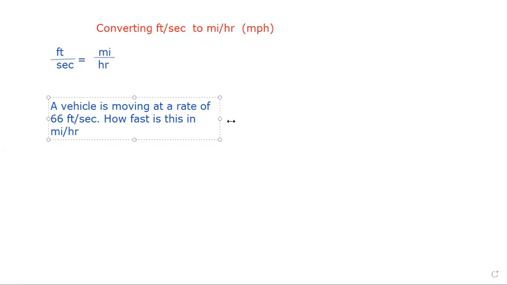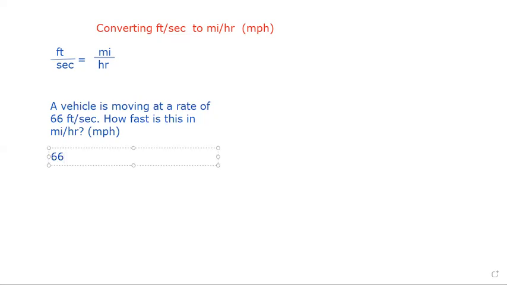And of course, we usually see miles per hour as mph. I'll put this in parentheses because you look on the speedometer of your cars, this is how we'll do it. So this is my favorite way to show it, right? It's 66 feet per second. So I set up a proportion and we go from there.